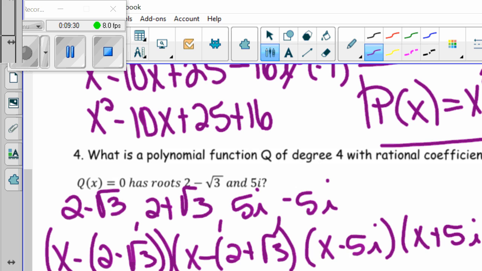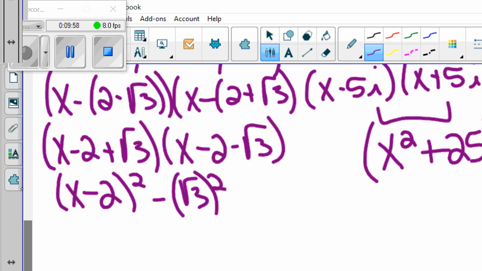Distribute, so I get x minus 2 plus the square root of 3, x minus 2 minus the square root of 3. This right here I already recognize as my sum of squares. So this came from x squared plus 25, right? So here I've got x minus 2 quantity squared minus the square root of 3 quantity squared.